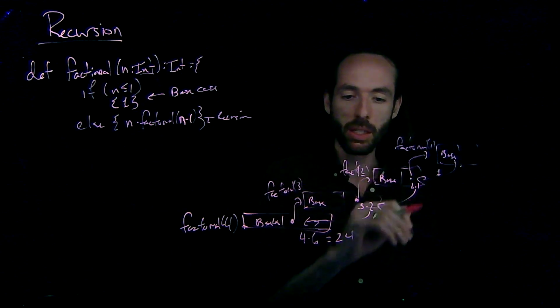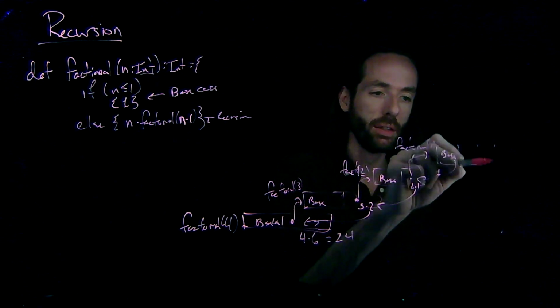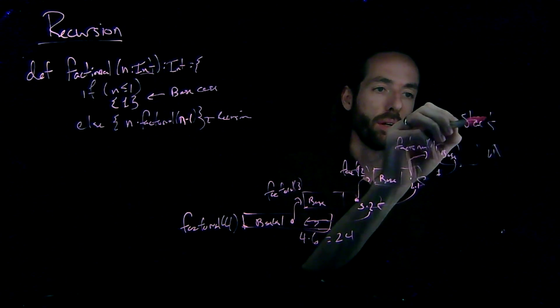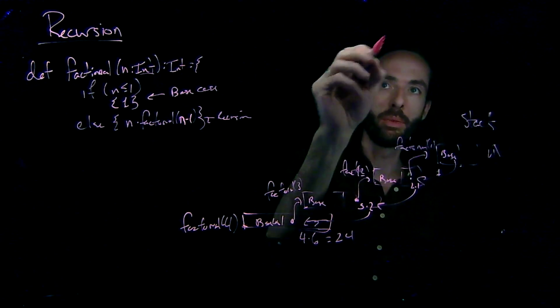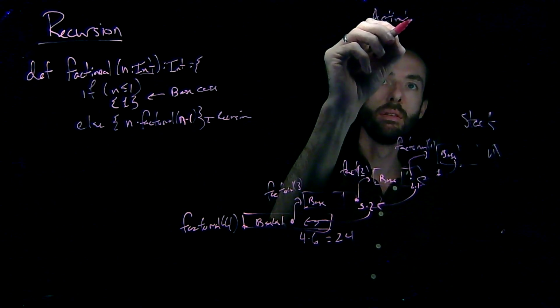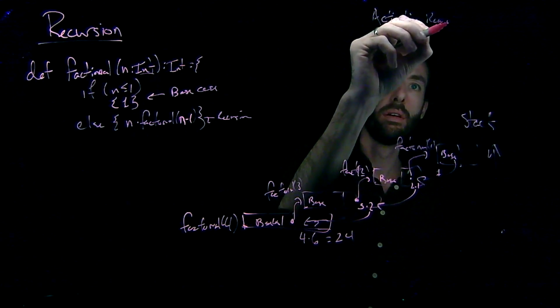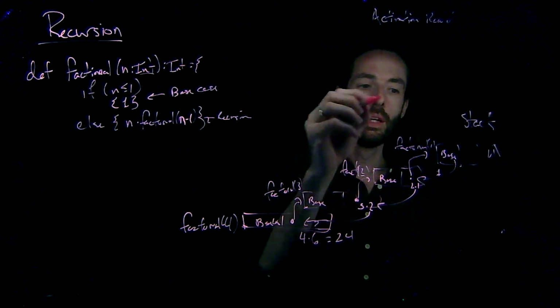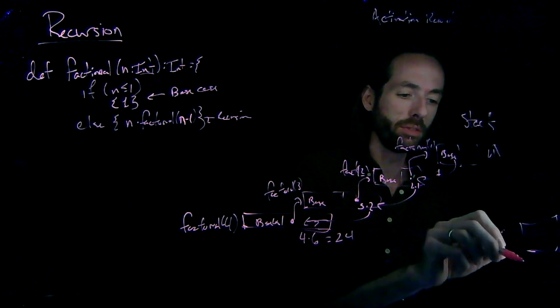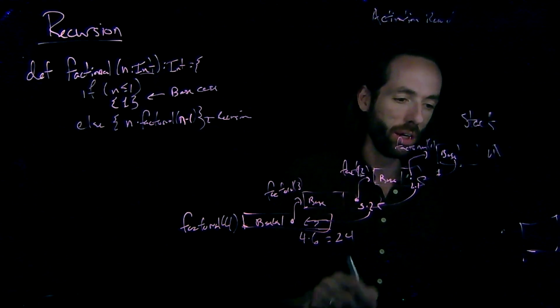So this is what's going on under the hood. This whole process here is called the stack. What's really happening is we get something called an activation record for each one of these function calls. An activation record typically keeps track of all of the local information that we might need for our function.